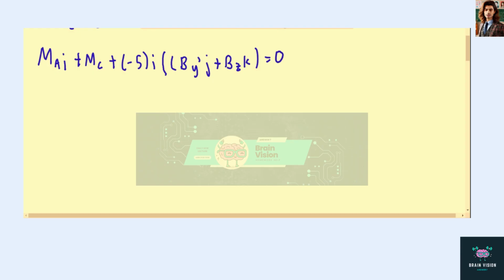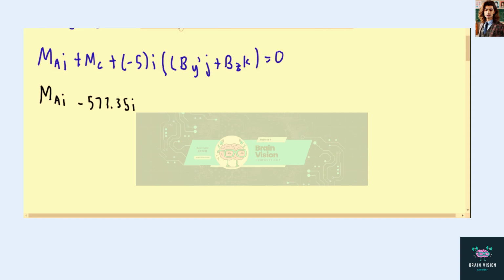And we can plug in M of C, and we'll be left with just vector components. So after plugging in, we'll get M of A i minus 577.35i.